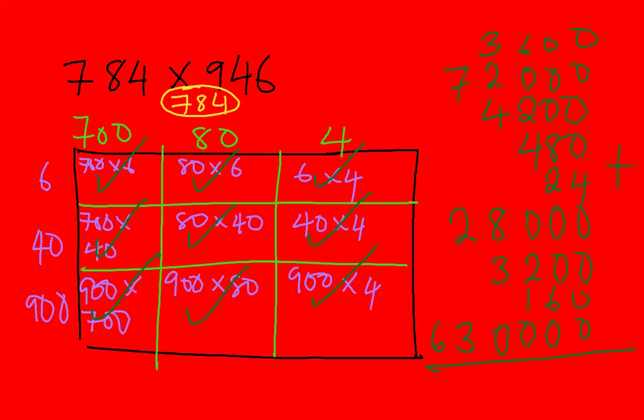So 0, 0. So this one is 4. Now this one is 8. 8 plus 2, 10. So 16. 6. We bring 1 up there. And that's 7, 8, 9, 13, 14, 15, 16. 6 there. 1 up there. Then that's a 3 plus 1, 4. 4 plus 2 is 6.